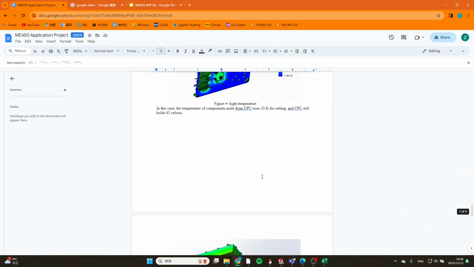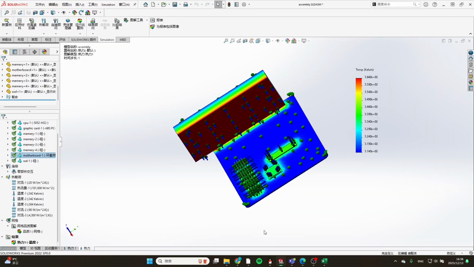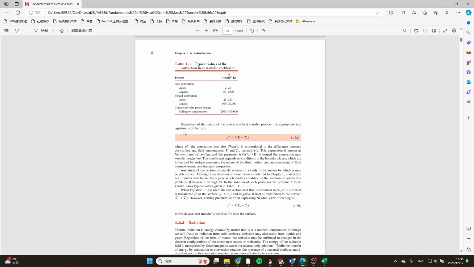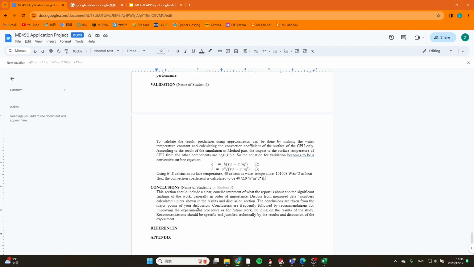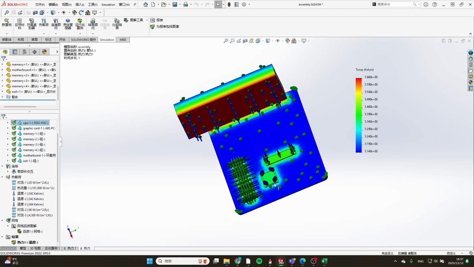So we got our validation process. The only thing we need to do is to calculate the surface temperature of this one and the surface condition, like the convection. Calculate the convection heat transfer coefficient of the surface using this equation. Move it to here, and we'll get the value. The result is around 4100, a little bit smaller than the tested value. This outcome is acceptable for us at this stage of the simulation, because this model should dissipate more heat.